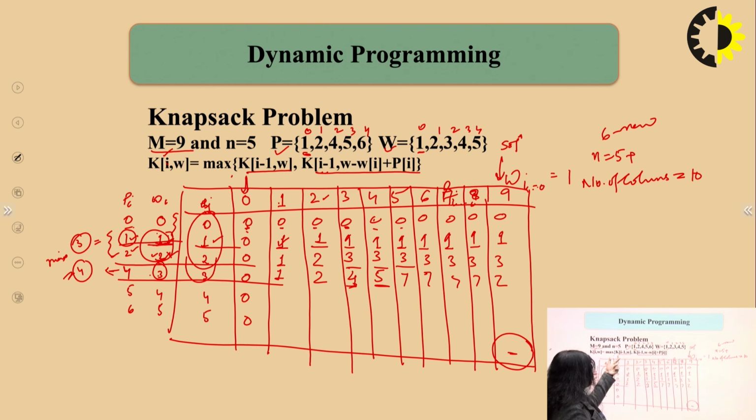Either you pick the previous profit and compare it with a new profit that you can get as a combination of multiple objects together, and whichever profit value is maximizing, we take and keep here. Once we reach the end of the table, we will have the maximum profit that we can make out of these given 5 objects with these value or profit and weight combinations.